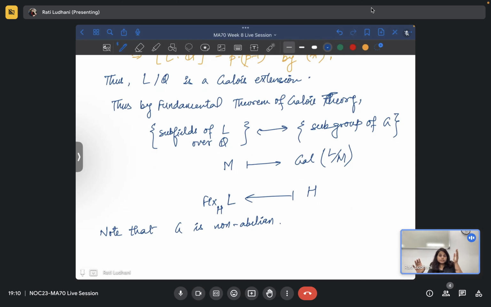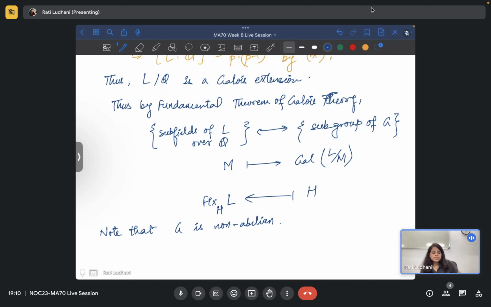We have this affine line over Fp that we have seen. So we can consider subgroups of the affine line, and corresponding to that we have some subgroup of G, and corresponding to that we have a subfield of L over Q. So we get everything from this. That is something you can try out.